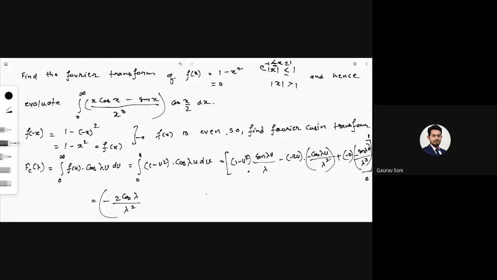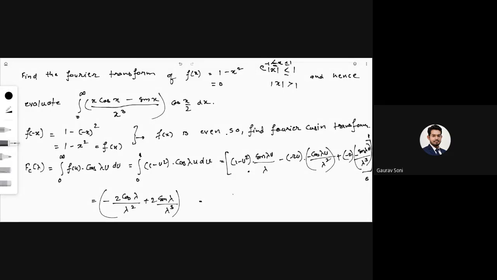The third term will be plus 2 sin lambda by lambda cube. When you put 0, all three terms will be 0, as you can easily check.